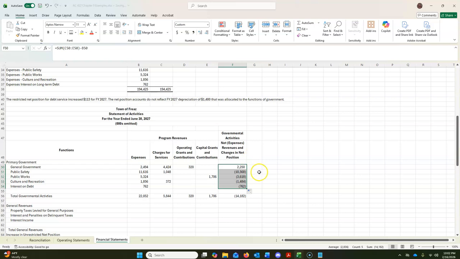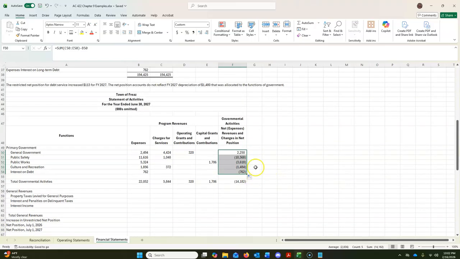I have some negative amounts here, and that's just net changes in position with revenue and expenses as compared to charges for services. Next, I have general revenues: property taxes, interest and penalties on delinquent taxes, and interest income. That's only for governmental activities.